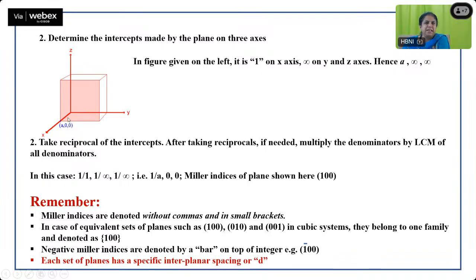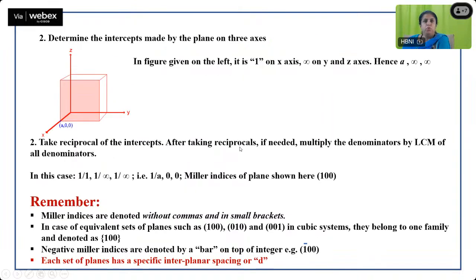If I consider this as x, this as y, and this as z, it makes an intercept of 1, because it is actually an intercept of a, but let's say a is 1. It is parallel to the y-axis and also parallel to the z-axis, so it doesn't make an intercept of 0. It makes an intercept of infinity because it is not intersecting the y or z axis. So an intercept of 1 on the x-axis and infinity on the y and z axes: 1, infinity, infinity.